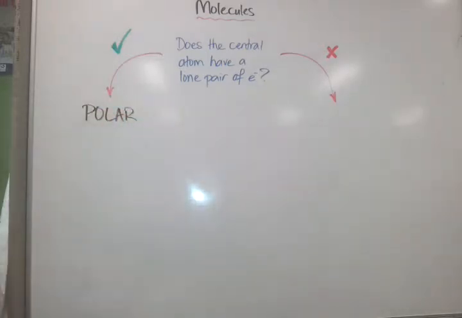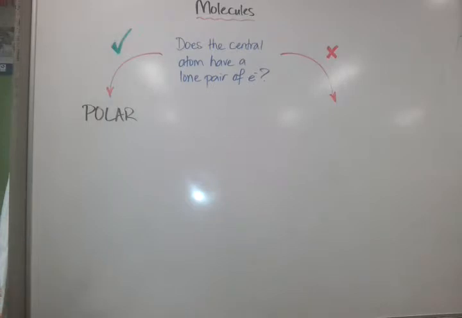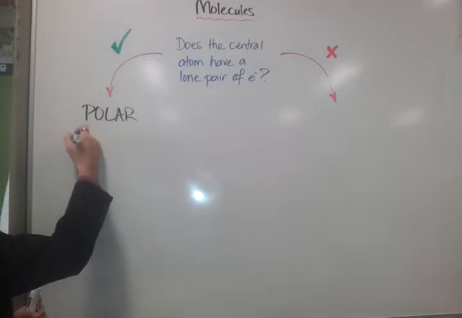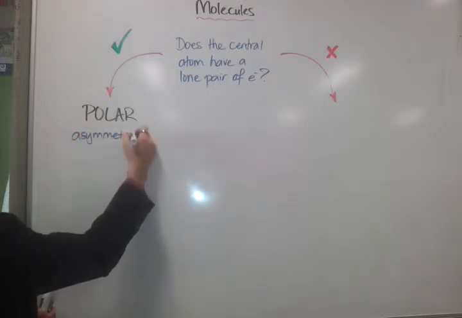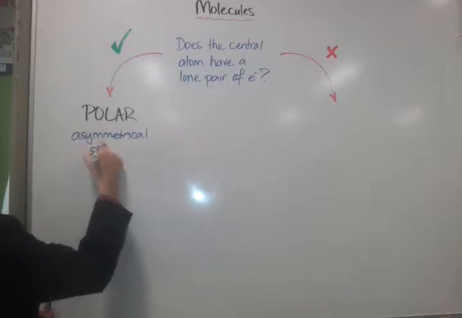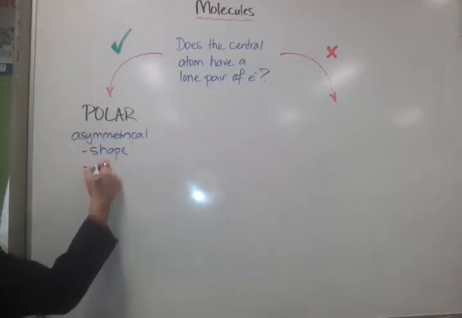Now when you get to level 3, this doesn't always work because sometimes lone pairs cancel out, recreating symmetry. But for level 2, this is a nice easy way to look. But it's not a good enough answer in your exam. You need to say that it has an asymmetrical shape or an asymmetrical distribution of charge.